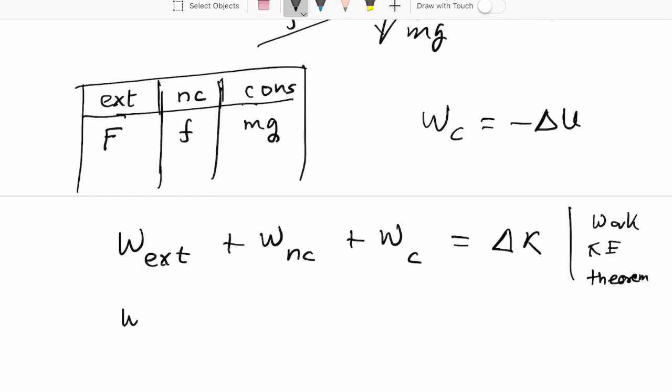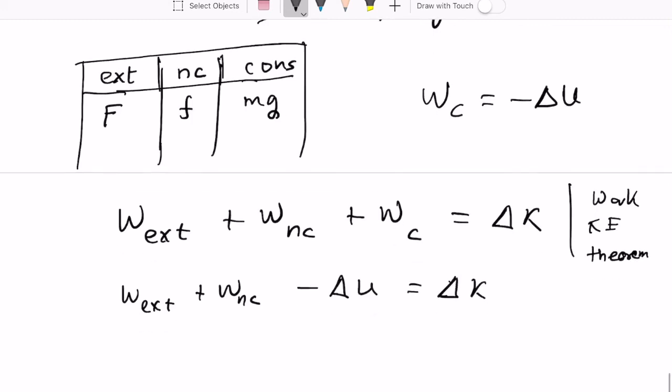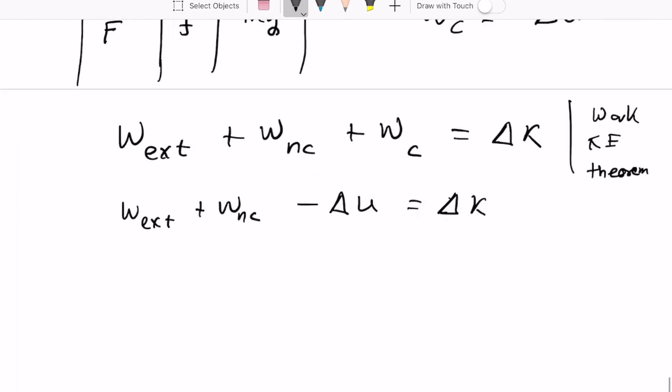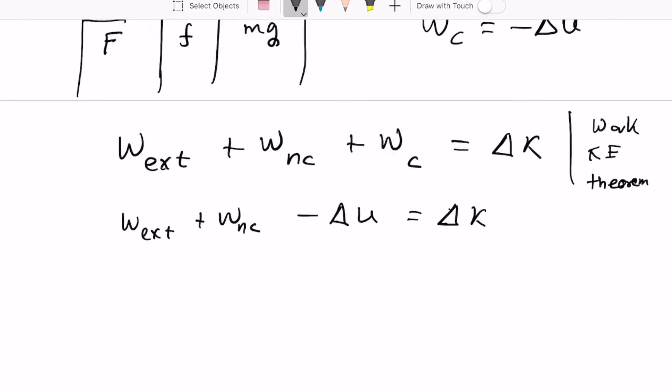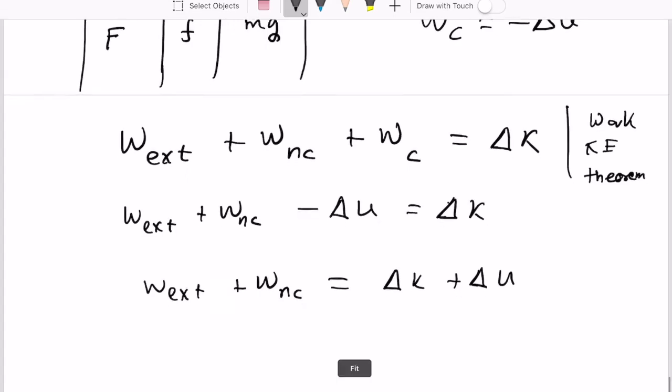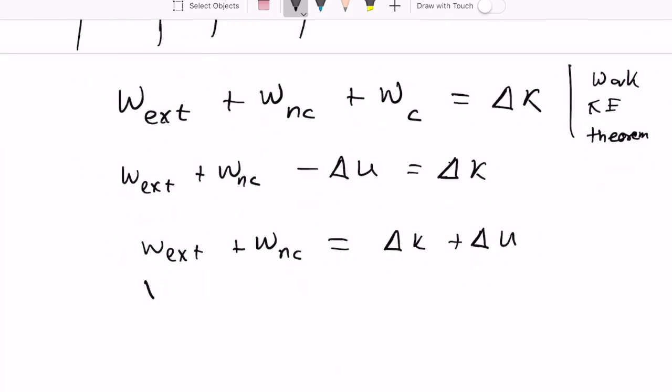So if you do that, you get W external plus W non-conservative minus delta U is equal to delta K. And then you can move the delta U to the other side, and that gives you W external plus W non-conservative is equal to delta K plus delta U. All right, let's call this quantity W other.